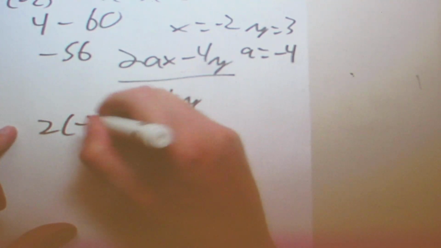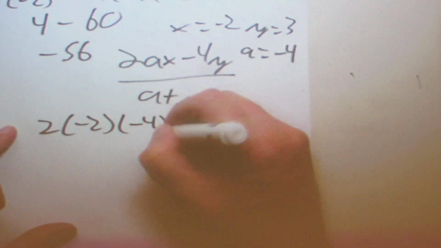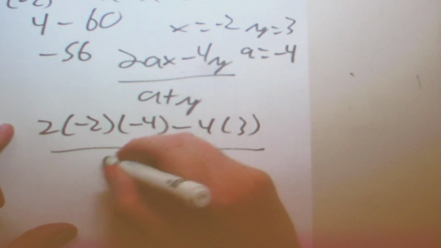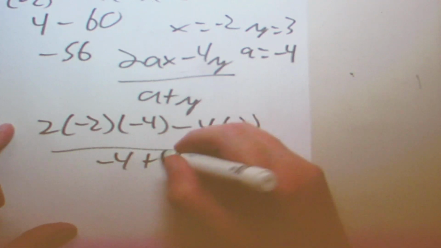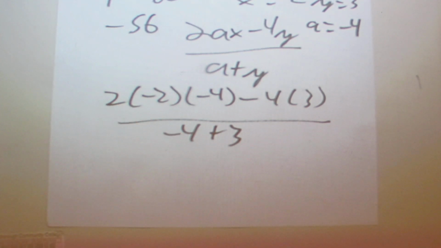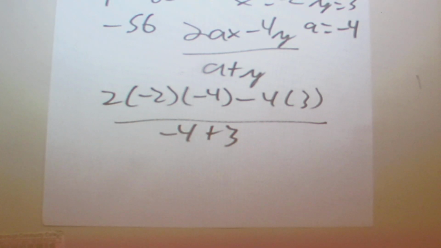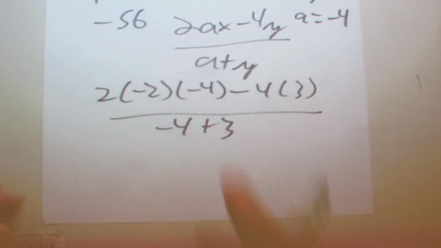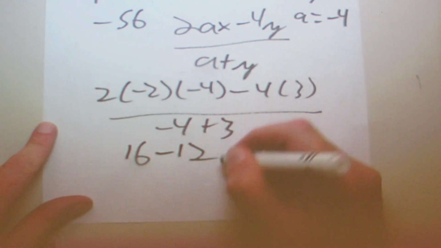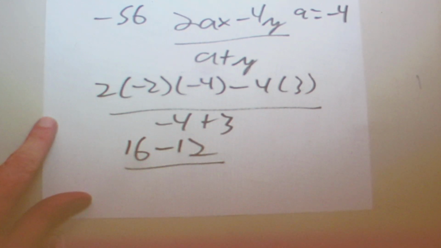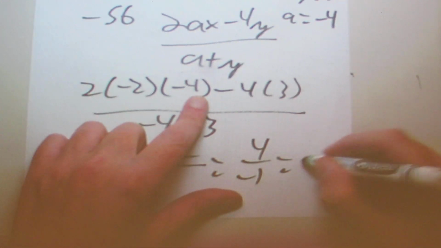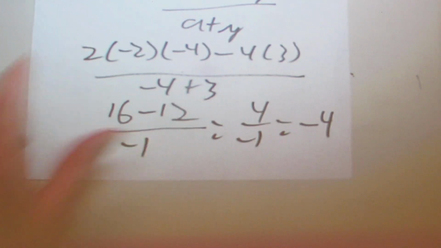We have 2 times -2 times -4 minus 4 times 3 all over -4 plus 3. 2 times -2 is -4, times -4 is 16, minus 4 times 3 is 12, over -4 plus 3 is -1. That equals 4 over -1, which equals -4.